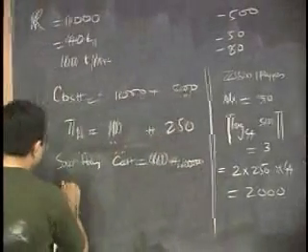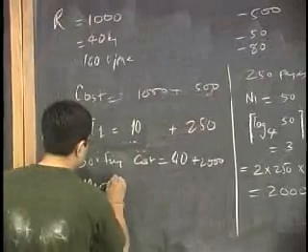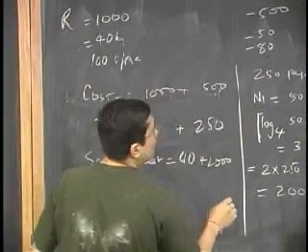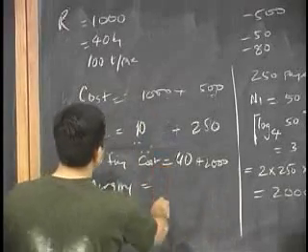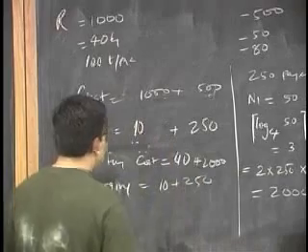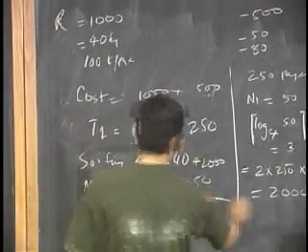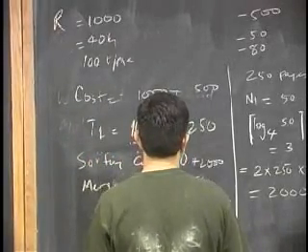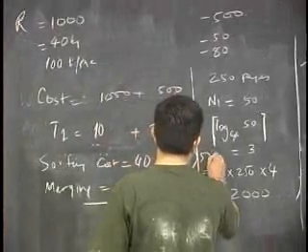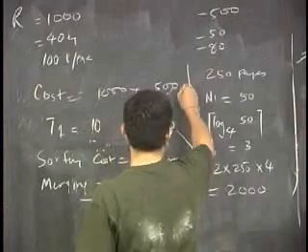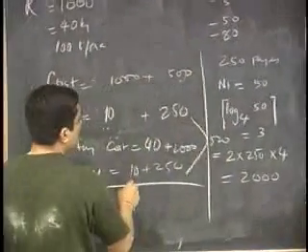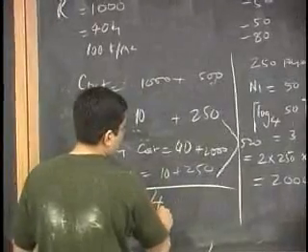2,000, and then merging. T1 is 10 plus 250. So what is the total that we get? 260 is 520. And this is 1,500, 3,500, and 4,060.